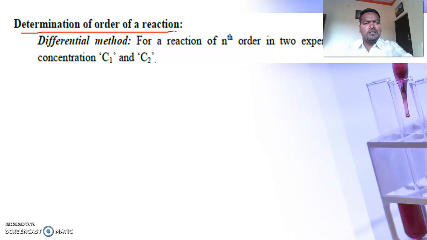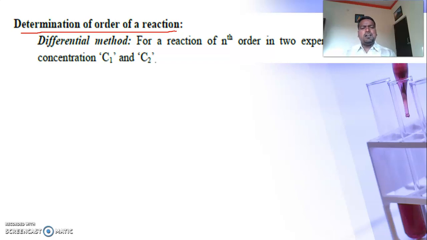There are many factors that influence the rate of reactions, as we discussed earlier. One of the important factors is concentration, and the quantitative relationship between the concentration and rate constant we understood by deriving the integrated rate expression in the previous classes.